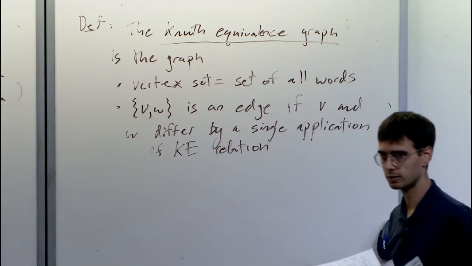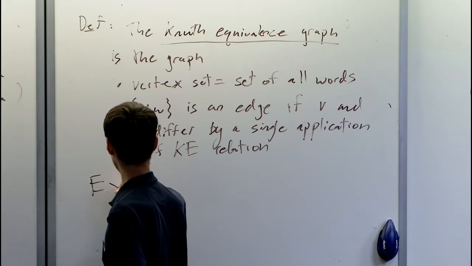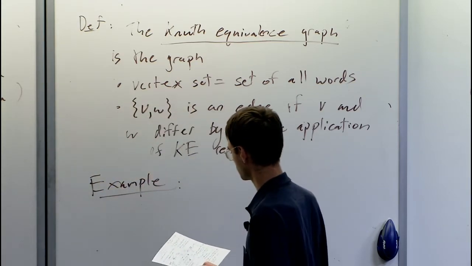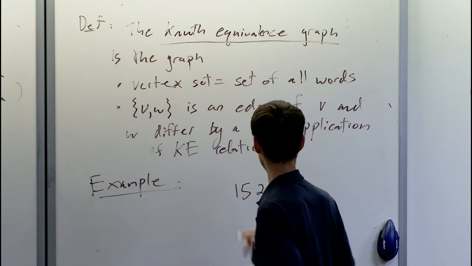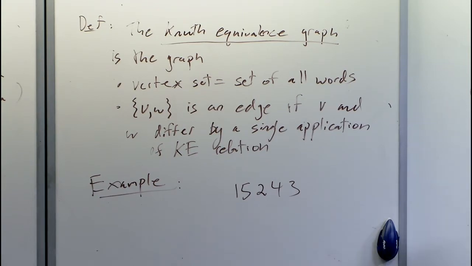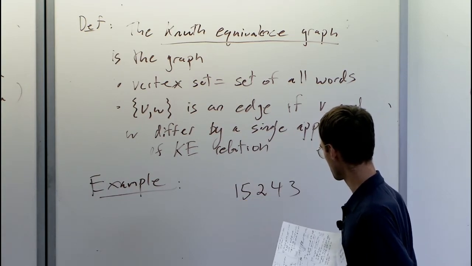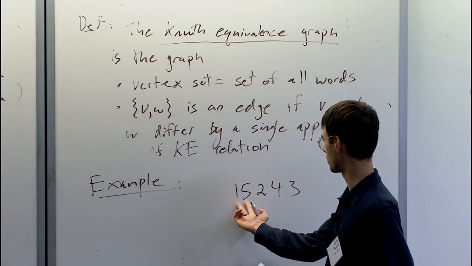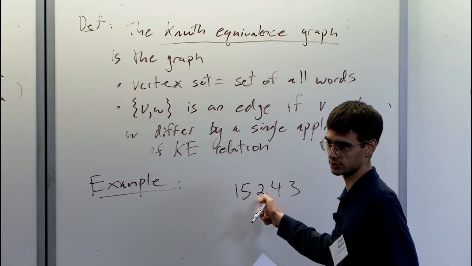So let me just clarify what I mean by this with an example. Let's look at the word 15243, and let's find all its neighbors in this Knuth equivalence graph. If I look at the first three letters, what can I do? These relations say that I can swap 1 and 5 because this 2 is here. It lies in between 1 and 5.